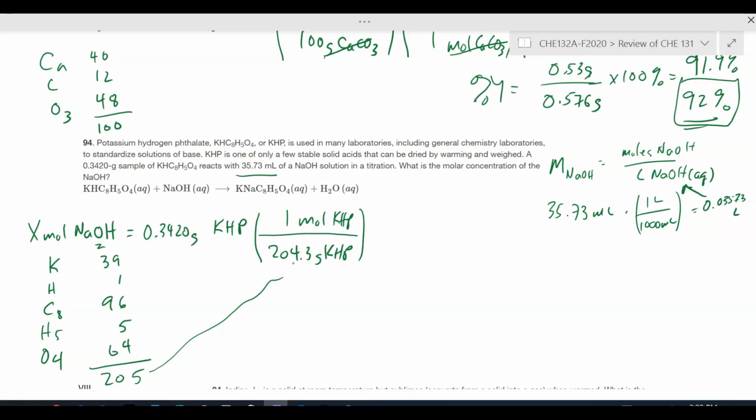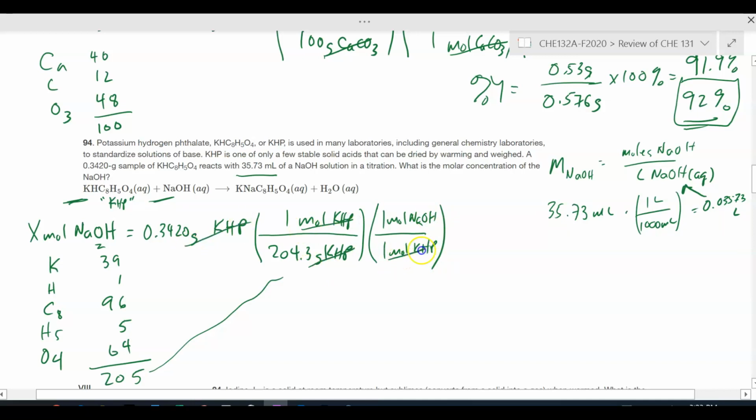All right. Other good news here is the conversion factors again are 1 to 1. We've got 1 mole of the KHP, which again, KHP is this thing right here. And that reacts with 1 mole of NaOH. So we cancel out grams of KHP, cancel out moles of KHP, we're good.